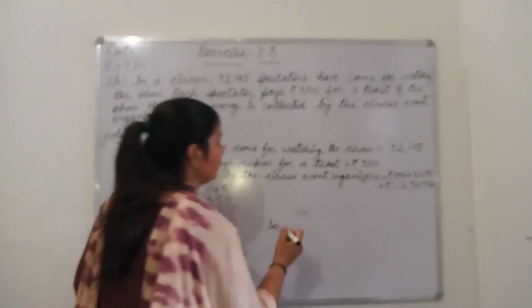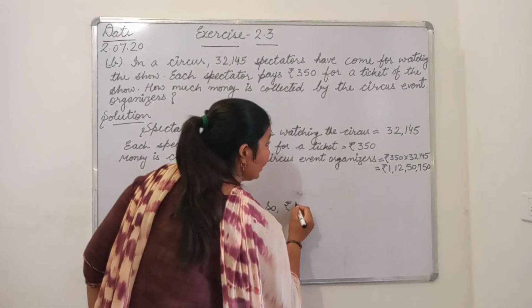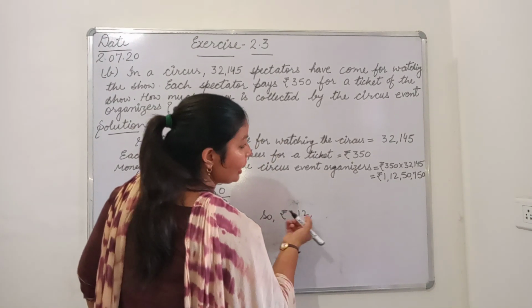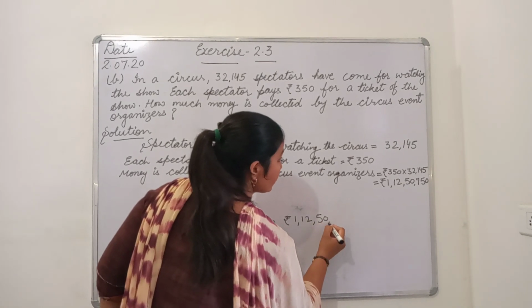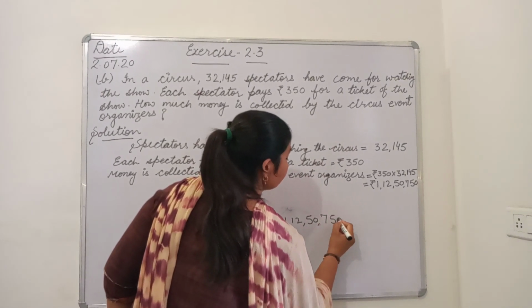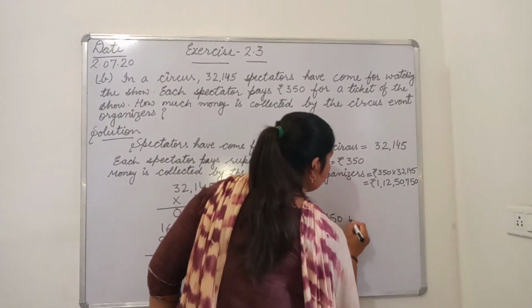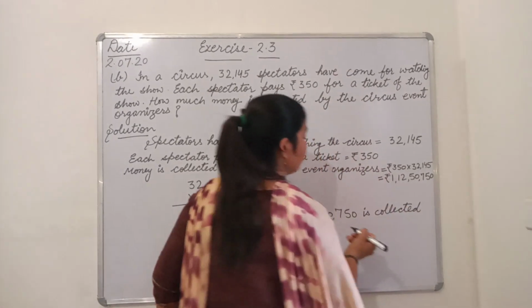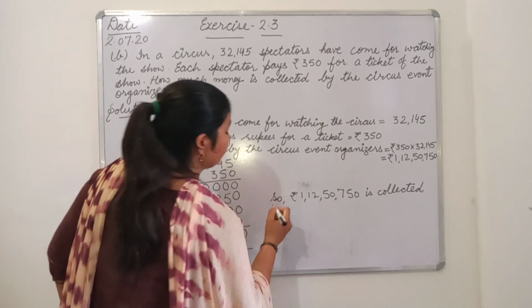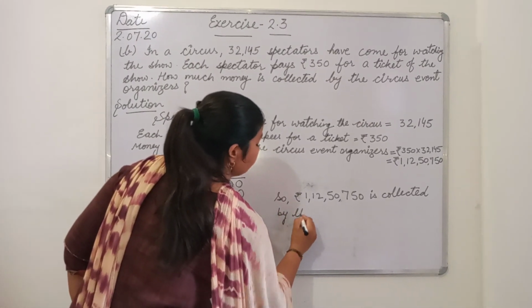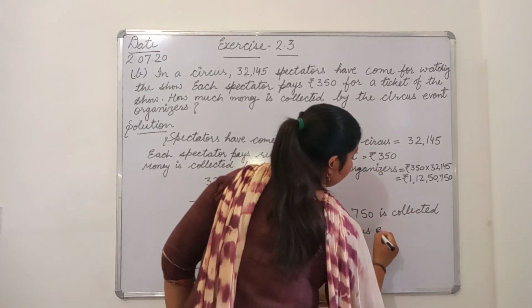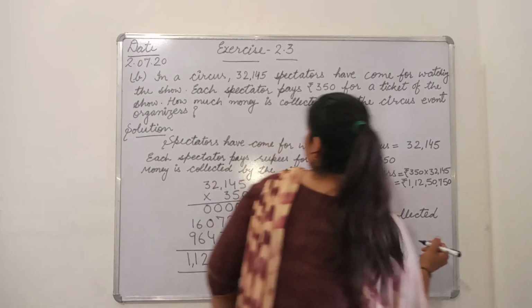We write here how much money: rupees 1 crore 12 lakhs 50,750 is collected by the circus event organizers.